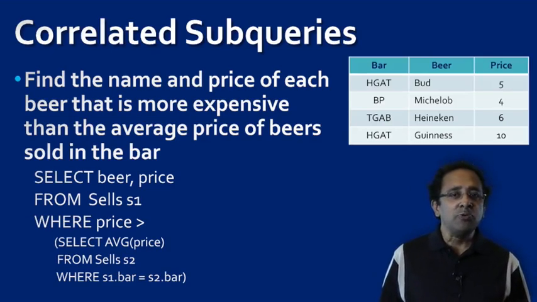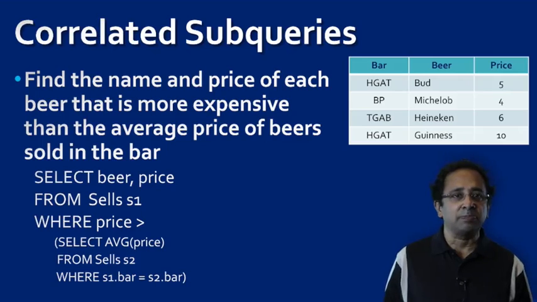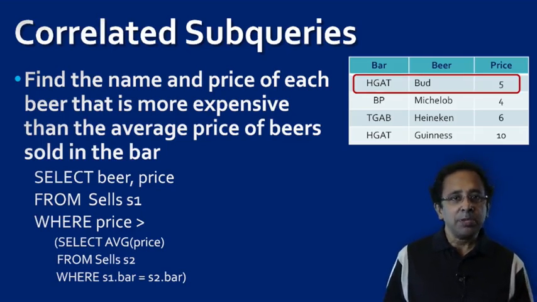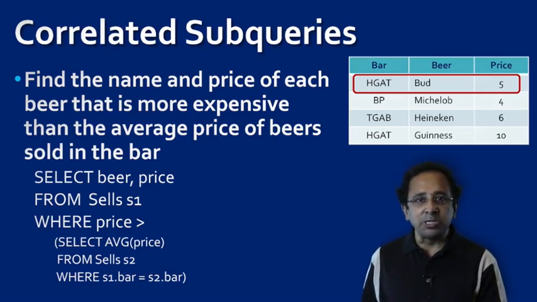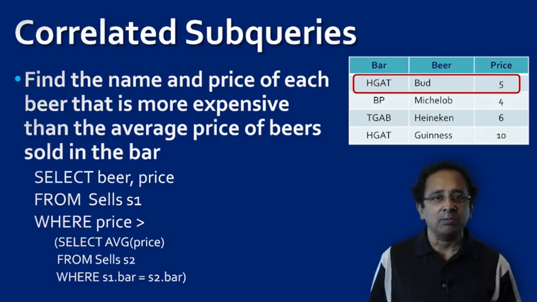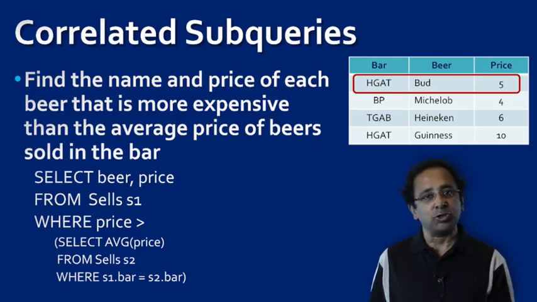Let's assume we are processing the first tuple. The beer is Bud and the price is $5. Now we need to know if $5 is greater than the average price of beer sold at HGAT. To do this, we need to compute the inner query. Okay, so now let's look at the fourth row.